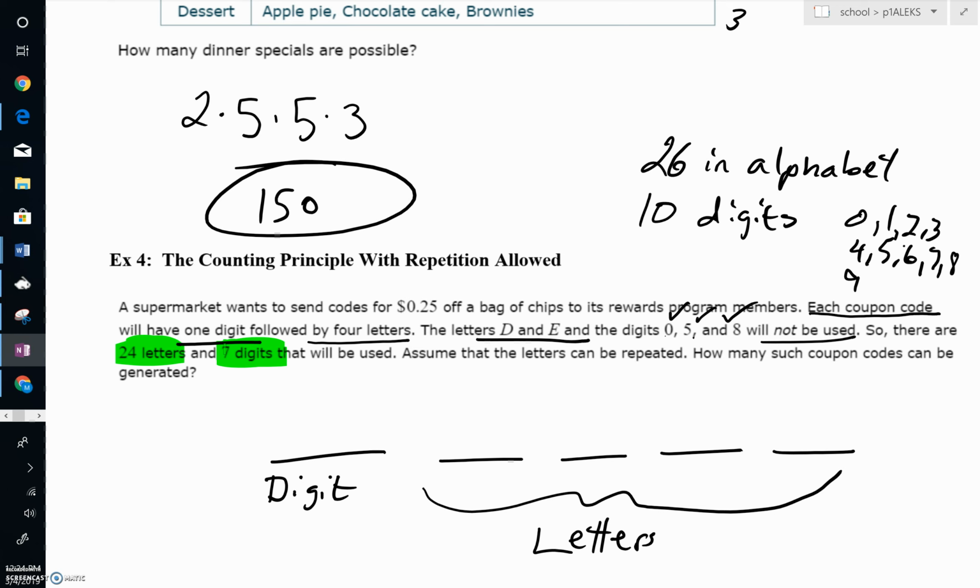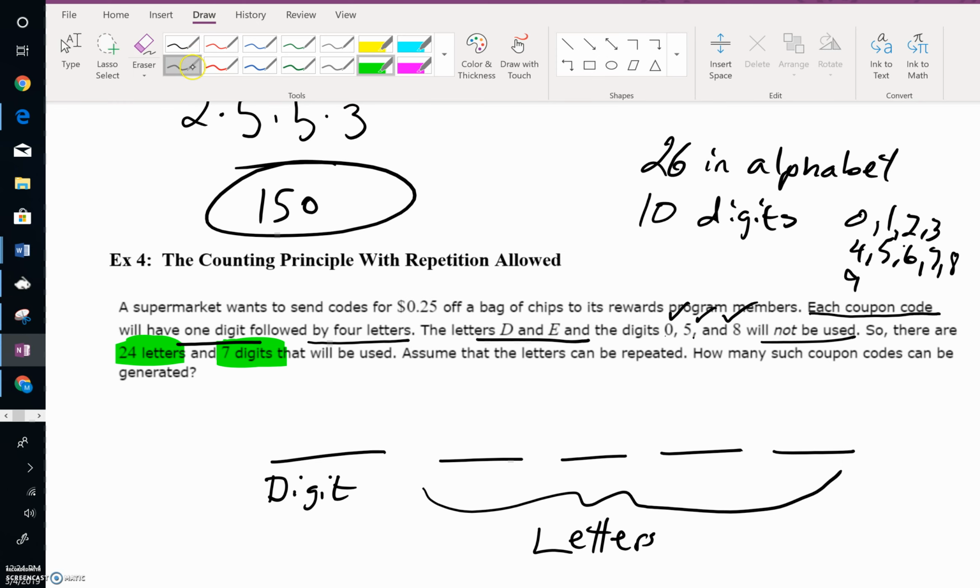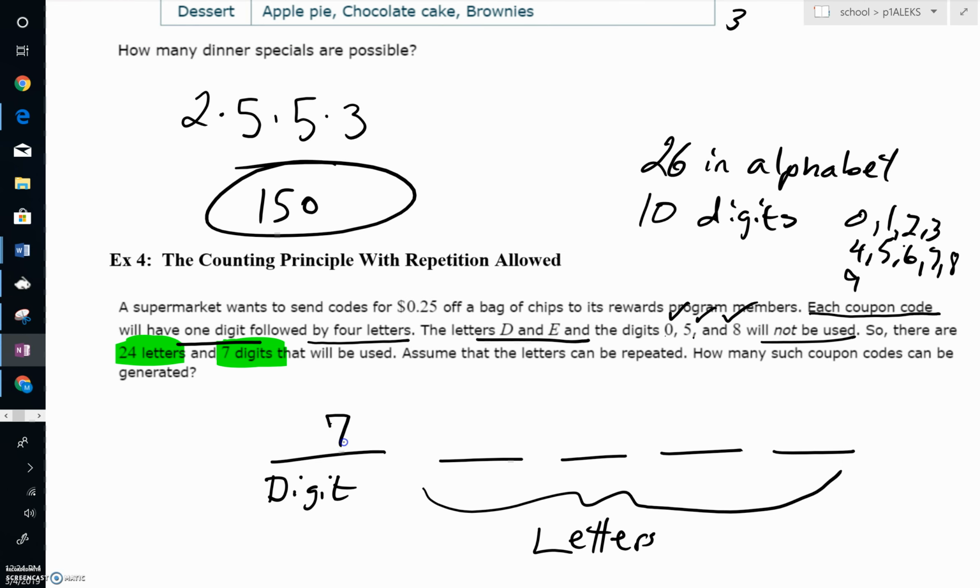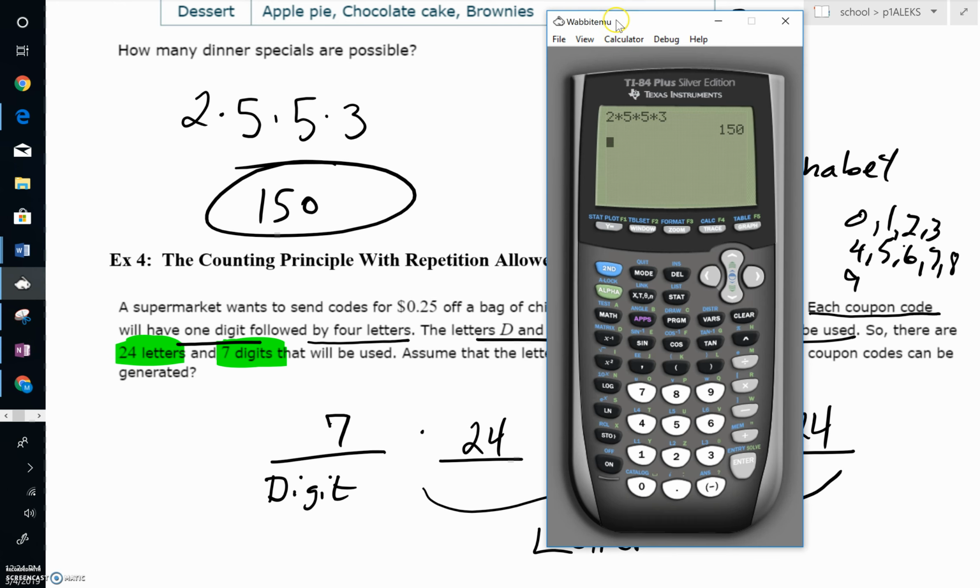So 24 letters, 7 digits. Assume that the letters can be repeated. So you could get the letter A showing up with another A after it and so forth. How many possible choices do we have? Well, let's see. Digits, we've got 7. 24 for each of these. Wow, look at that. Each time. And the fundamental counting principle is saying multiply those choices together.